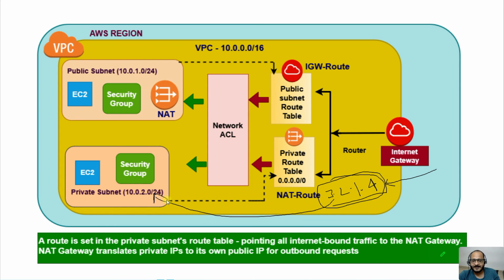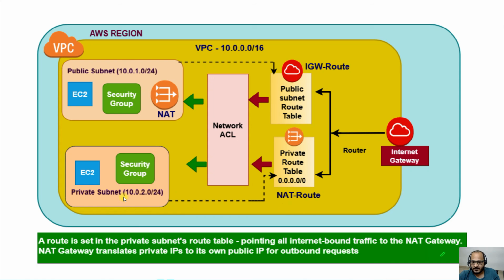So what is happening in the background? The traffic flows from the private IP address to the NAT gateway. The NAT gateway uses its own public IP address and sends a request to the internet. Once it receives a response from the internet, it translates back from its public IP address to the private IP address and sends the response back to the private subnet. That's how a NAT gateway works.